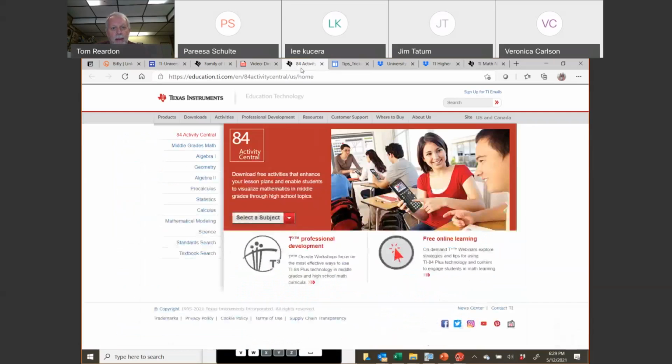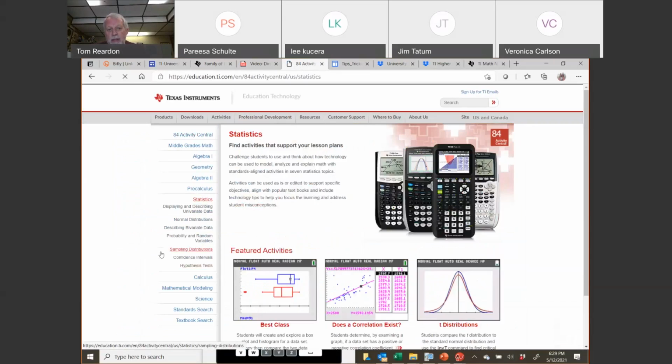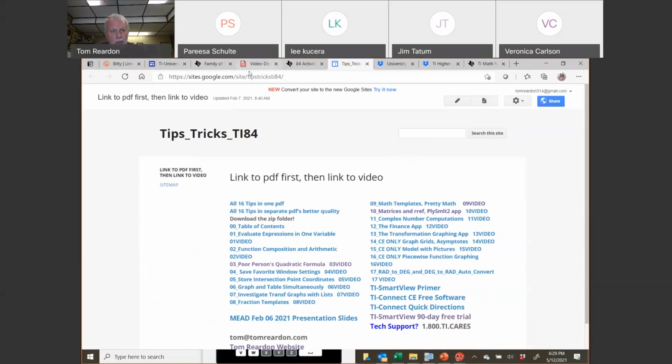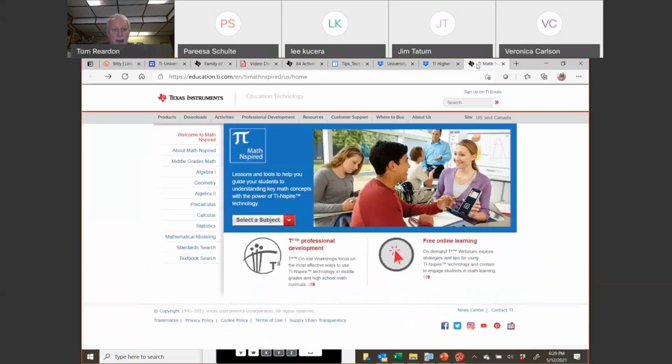This is 84 Activity Central. We talked about Math Inspired. You can go there and look at statistics and see what things are all there in statistics. These are all units that have several different things, and maybe find Lee's favorite ones that she shared with you. We also have here the Math Inspired.